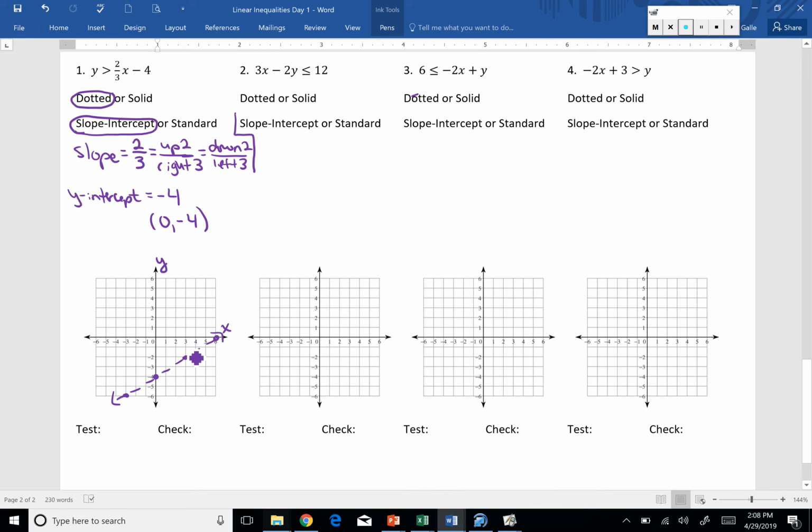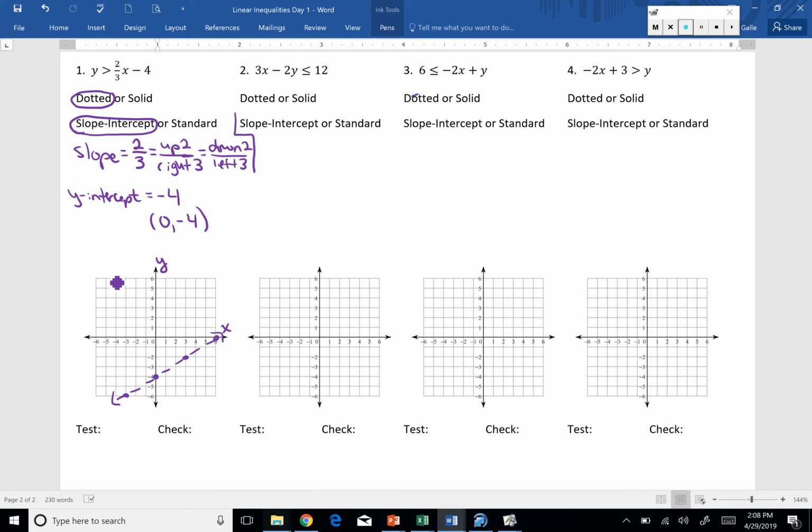Are they going to help me figure out if I'm going to shade up top or down below? No, they're not going to help me. If I pick a point on that boundary line and I test it, it's not going to help me decide if I should shade up here or down here because the point's on the line. So you can test any ordered pair you want as long as it's not on that boundary line.